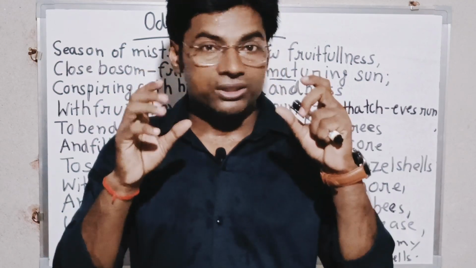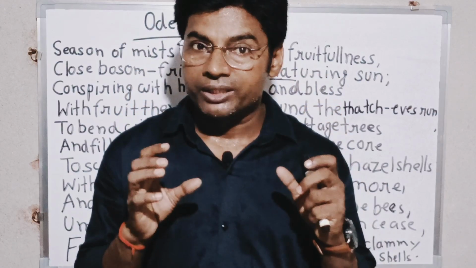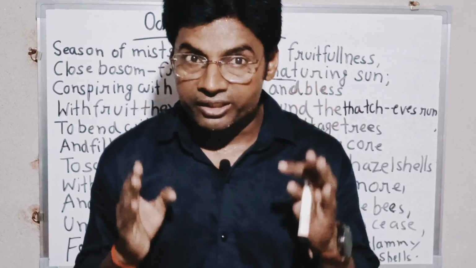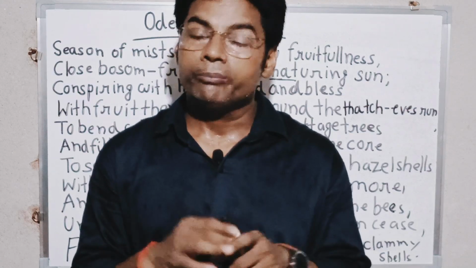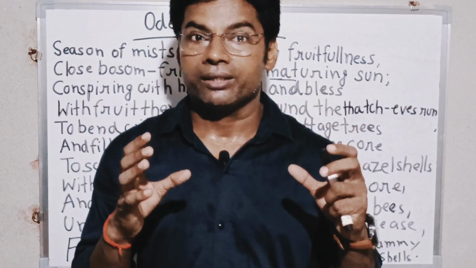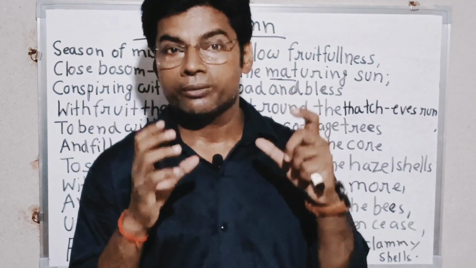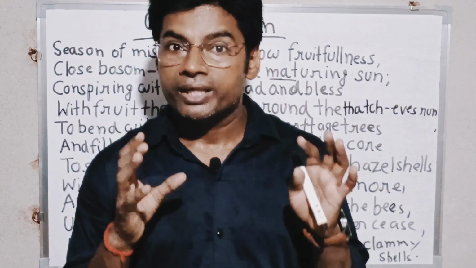So in the first two lines of the poem, which figure of speech do we have? That is personification. And apart from personification, remember this: the poem begins with the address to autumn, describing the bounty of the autumn. It means the autumn is straightway given an address.